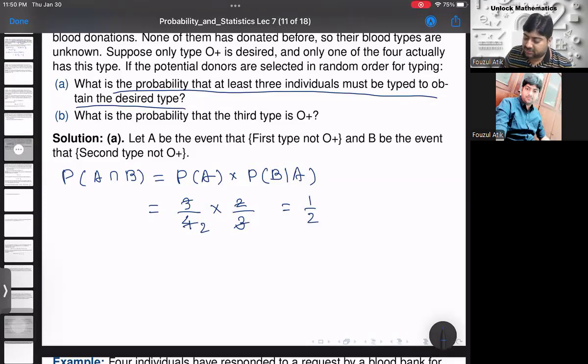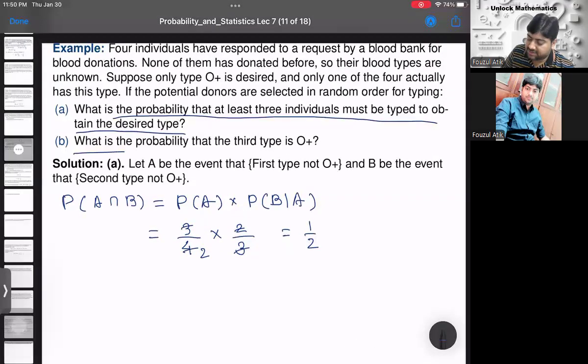Okay, now this exercise has another part. What is the probability that the third type is O positive? We'll discuss this. That means the third type is O positive, you have to get. So in this case, suppose C is the event that the third type is O positive.